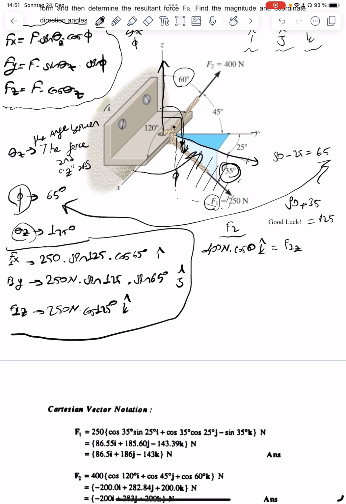If we want to find it in the y-axis, we have the angle between y and F2, so we can find F2's component in y with 400 Newton times cosine 45 degrees, and it is the y direction, so it must be plus, and it is j hat, F2 in the y-axis.